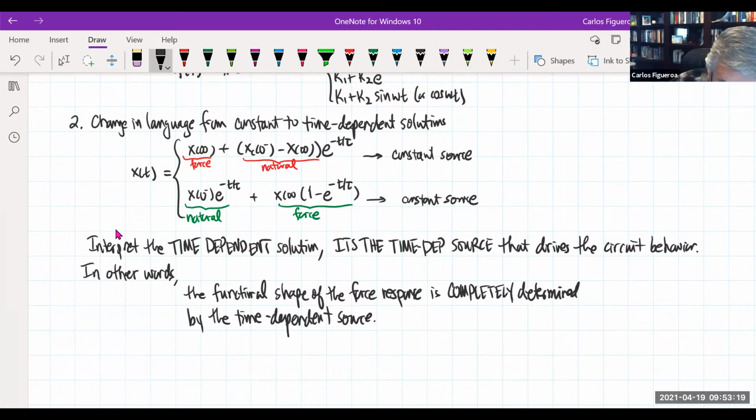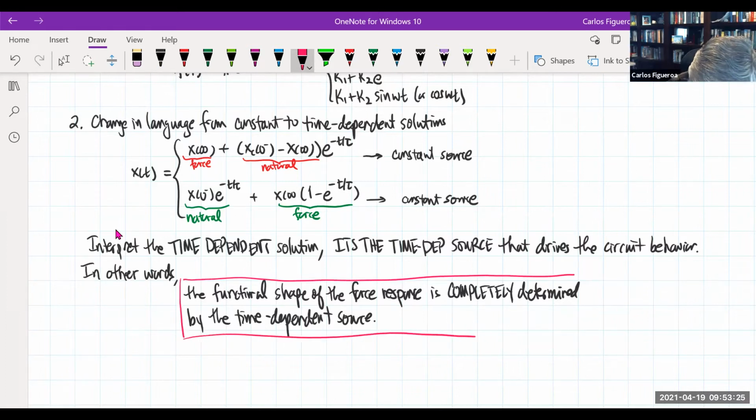Okay, and this is a big deal. Physically, it has to be this way, and mathematically, it's exactly this way.